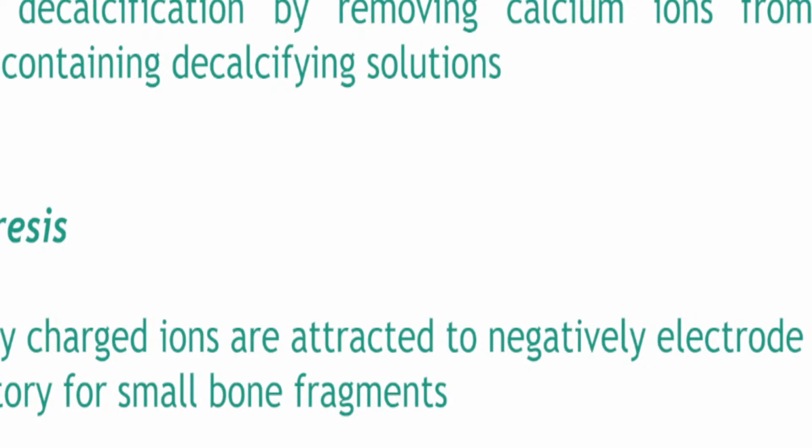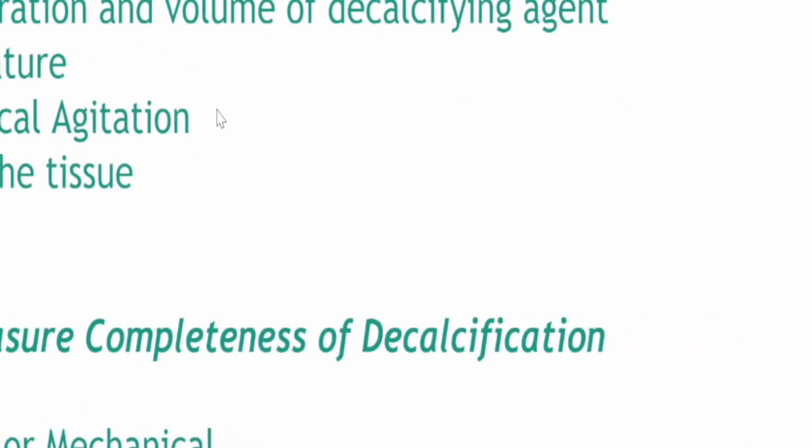Let's move on to the next one, the factors affecting decalcification. Concentration and volume of the decalcifying agent is important to take note of. If the concentration is not enough, decalcification takes longer, or it could be incomplete. Temperature is also important.